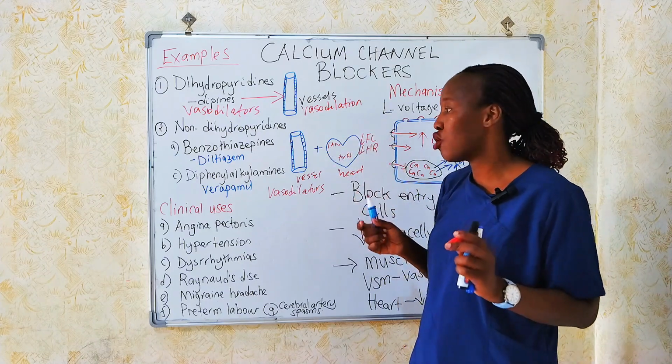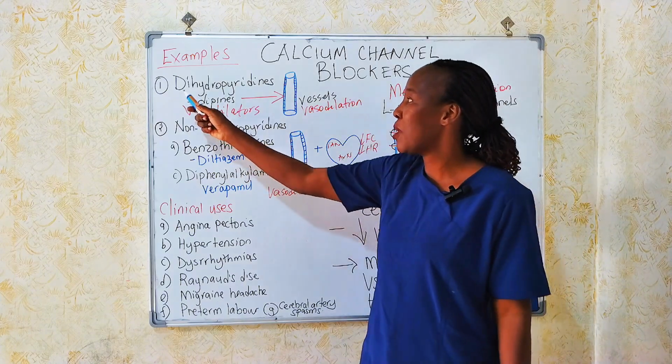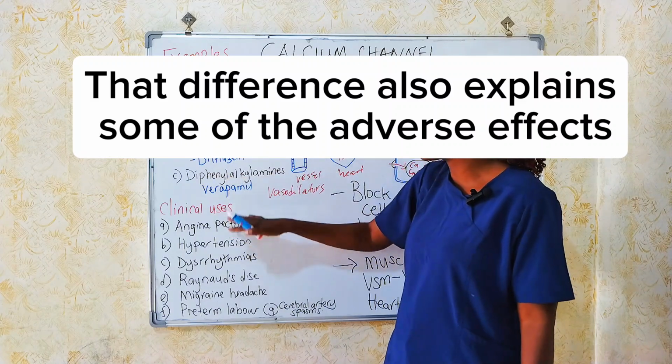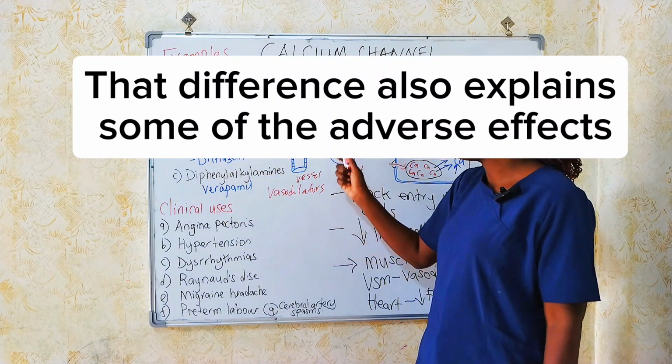That distinction is necessary, and I will emphasize it that the dipines are vasodilators, while the non-dipines are both vasodilators and then also they produce negative effects on the heart.